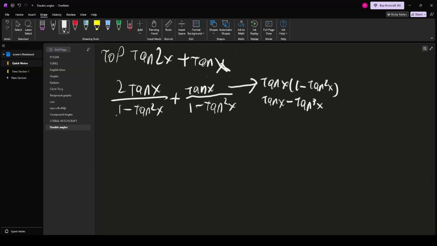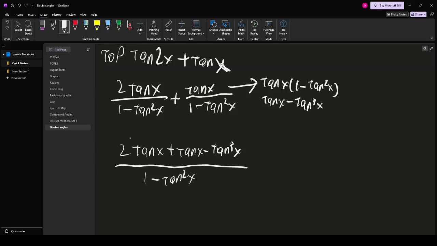So now we can just add those together, which gets us 2 tan x plus tan x minus tan cubed x over 1 minus tan squared x.